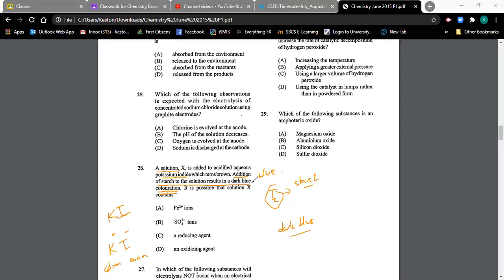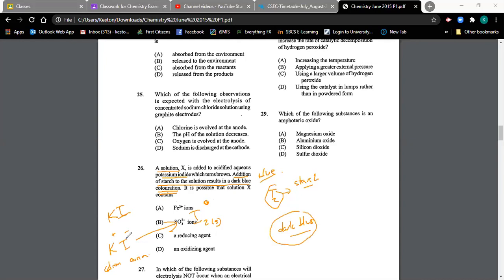Now, going back to the clue, right? For me to get this dark blue coloration when they add starch to the solution, it means that the iodide ion would have had to become iodine, like solid, right? Because the I2 molecule with the oxidation state 0 reacts with starch to give me this dark blue color.